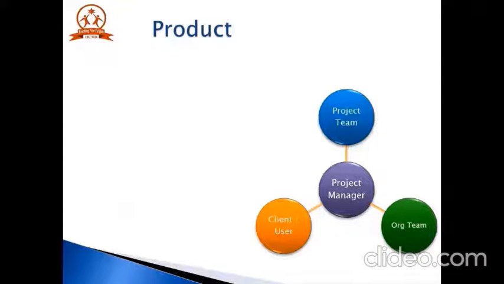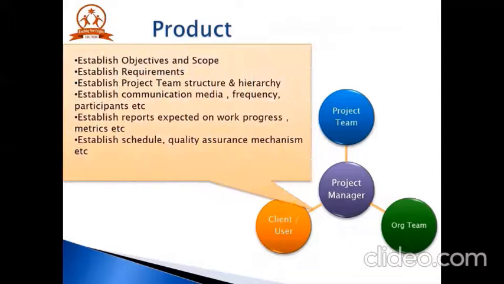The product. As the name implies, this is the deliverable of the project. The project manager should define the product scope to ensure a successful outcome, control scope creep, as well as technical hurdles that he or she may encounter. So before a project can be planned, project objectives and scope should be established.